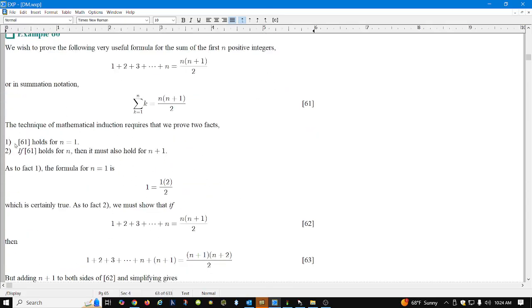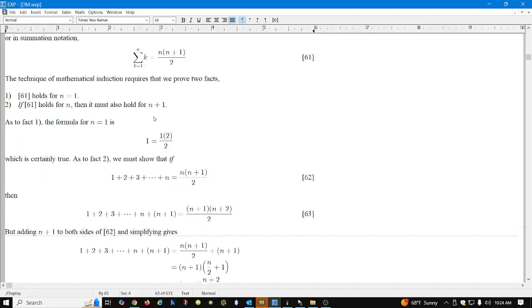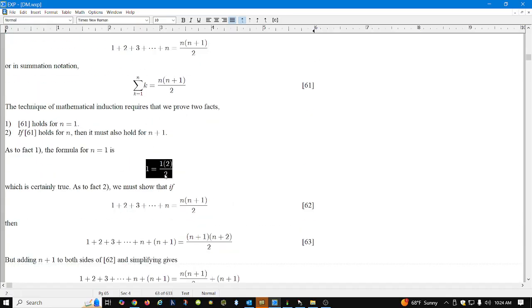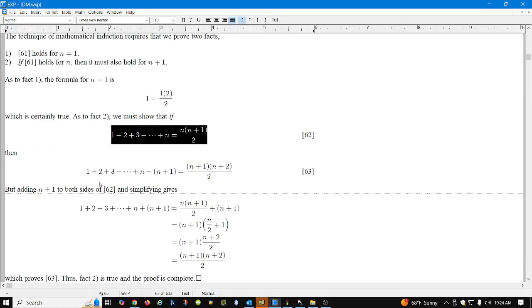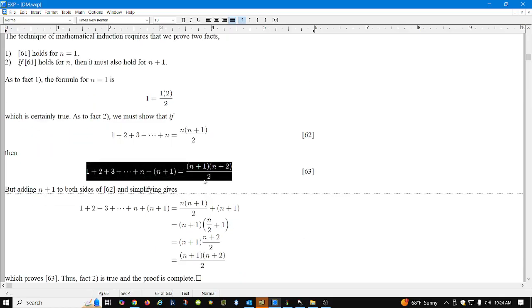So induction requires we do two things: that this holds for n equals 1, and that if it holds for a value of n, then it holds for the next value, n plus 1. So when we put in n equals 1 in here, we just get this, which is true. The rest is to show that if we assume this, then we can show this.